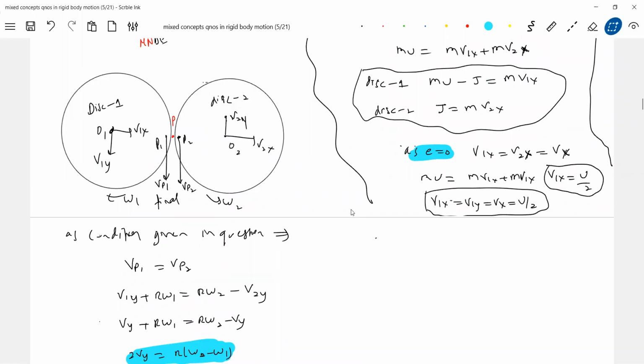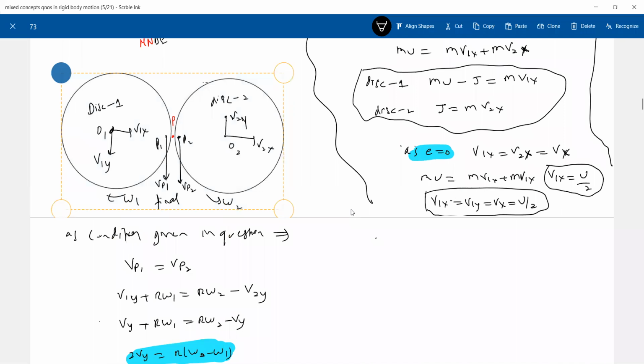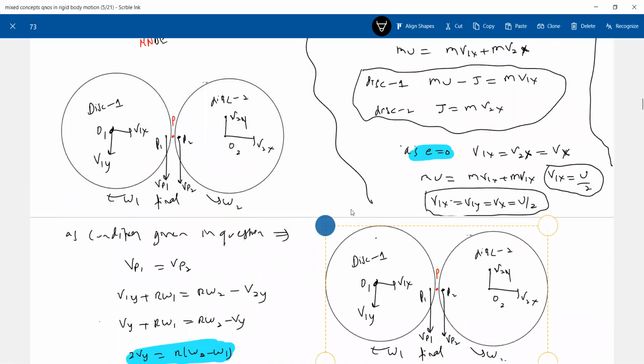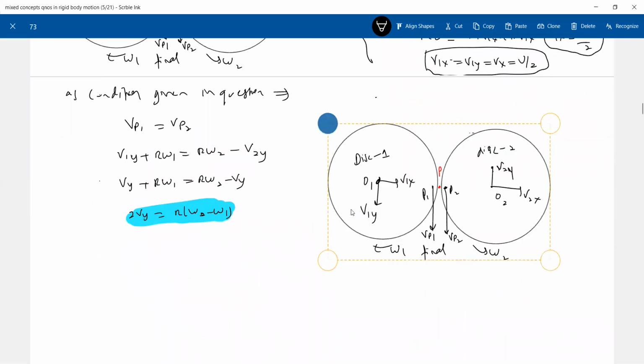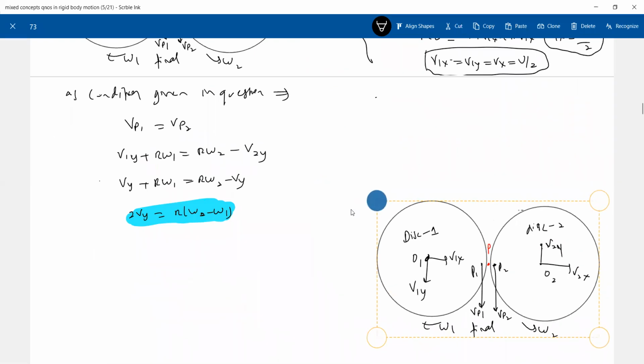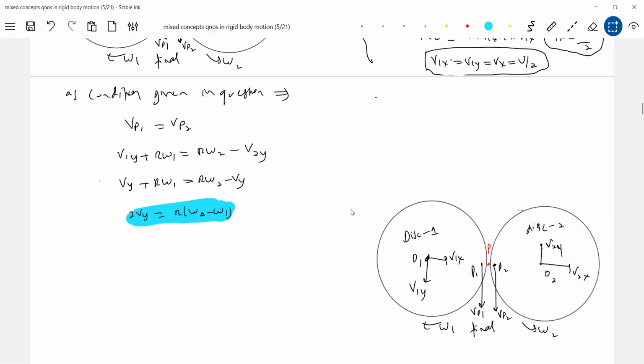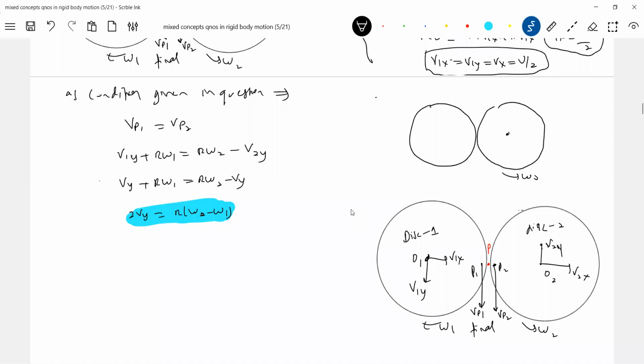Okay, then I'll do one thing. I can paste diagrams, no? Now I'm bringing in the conservation of angular momentum. So initially, just before, this and this one.